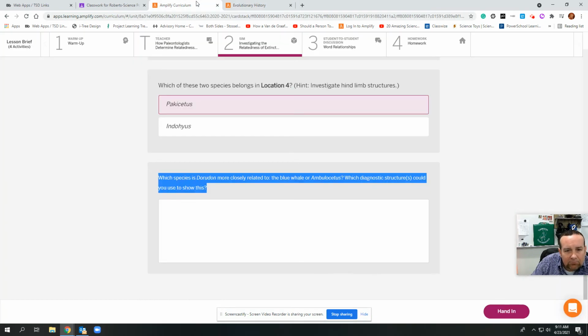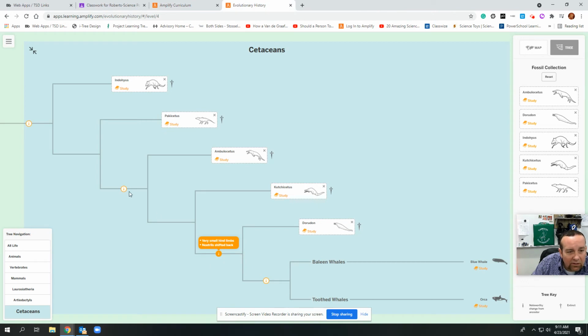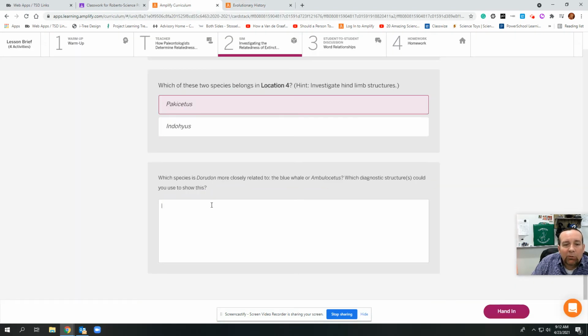One way we can tell is looking at our tree and clicking on these little eyes. One of the differences: the hind legs are much smaller. The nostrils were shifted back. So we could use that information to answer this question. Go ahead and do that, and then I'll meet you for our next part.